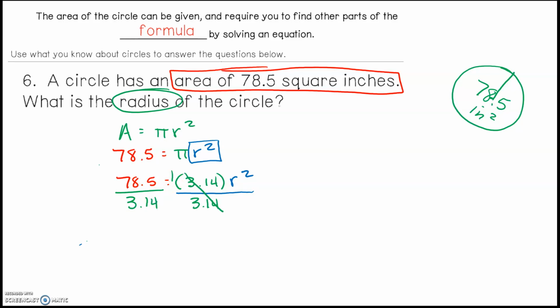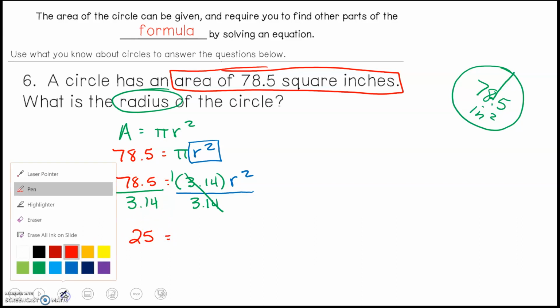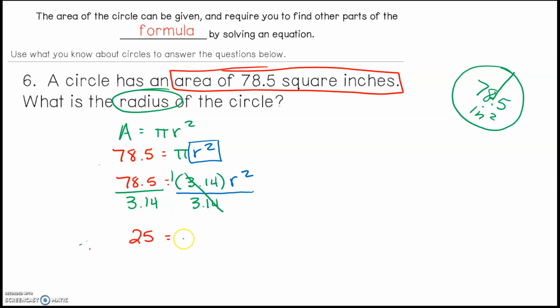And our division here is going to give us 25 on this side, 78.5 divided by 3.14. And then we're left with the r squared on the other side.